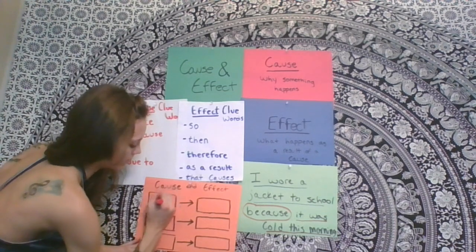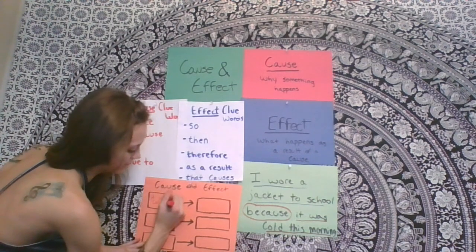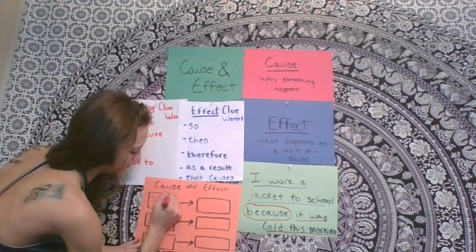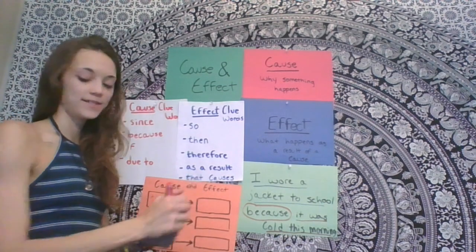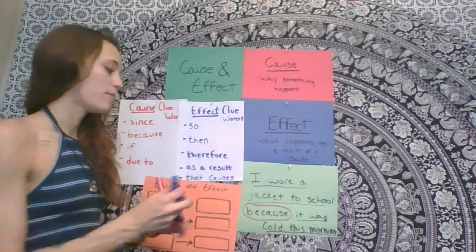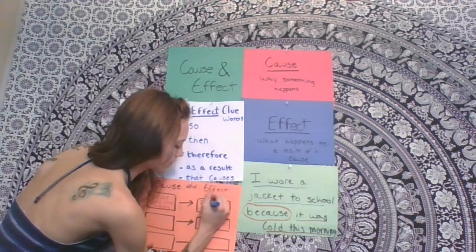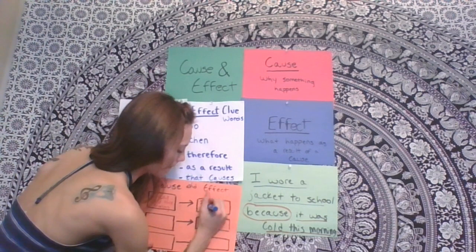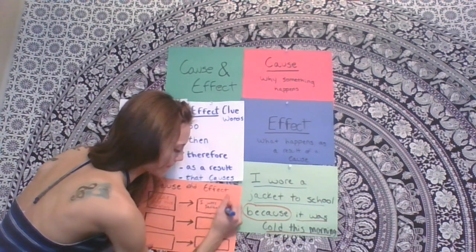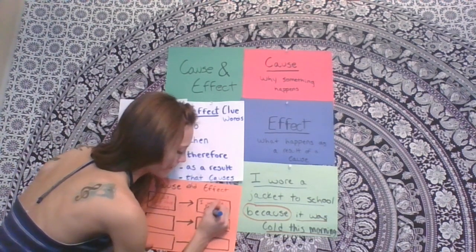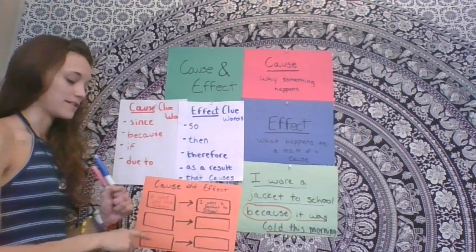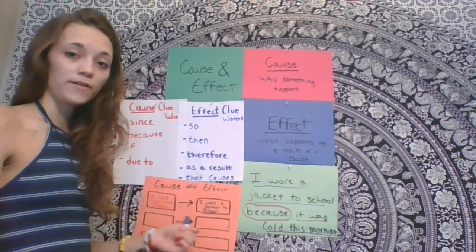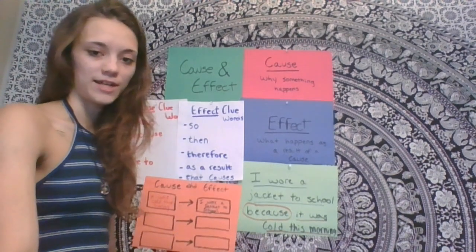It was cold this morning. And the effect, or what actually happened, is I wore a jacket to school. Good readers use graphic organizers like this to record their thinking about cause and effect relationships.